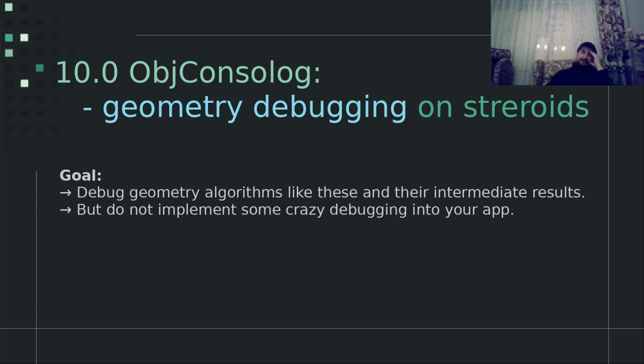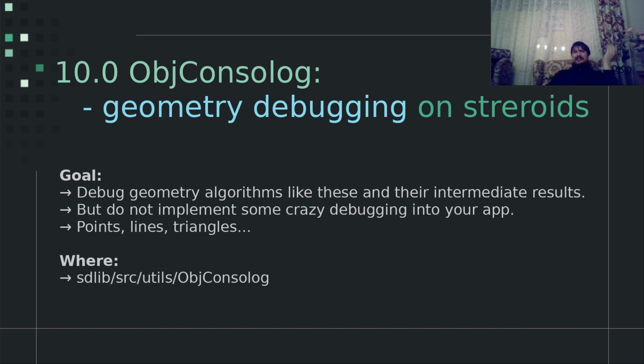But the problem is that it's hard to write that, and we only want points, lines, triangles, very simple stuff. And as you can see, this is not just an idea, this is in sdlib/src/utils/ObjConsolog. So this is not under utils/performance, but just utils, because this is not really performance related.